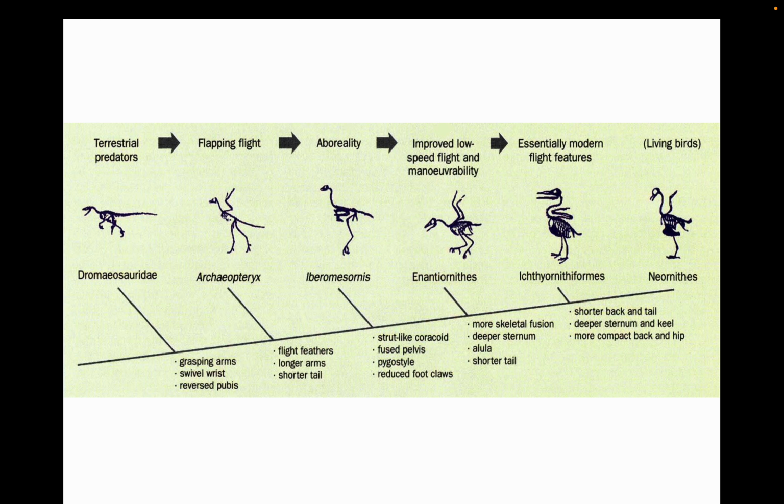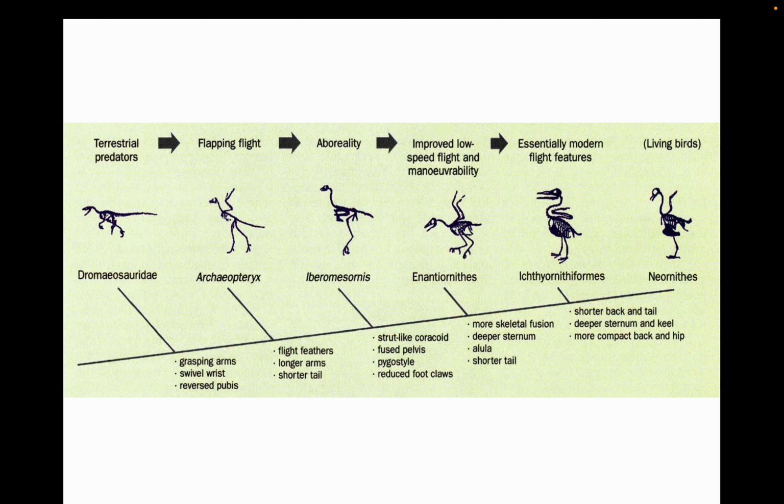And then we have additional characteristics such as the presence of flight feathers, the development of longer arms, and the development of shorter tails. No? And eventually, we have additional characteristics that gave rise to the capacity of the animal to showcase an arboreal lifestyle.